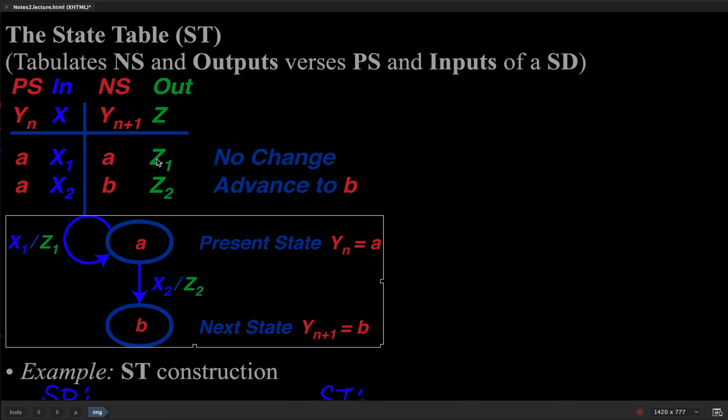The first row indicates that I have a present state of A and an input of X1, and I go to state A and I output Z1. This arrow, going vertically down, shows that the present state is A and the input is X2. Now I will go to state B and output Z2, or advance to state B.